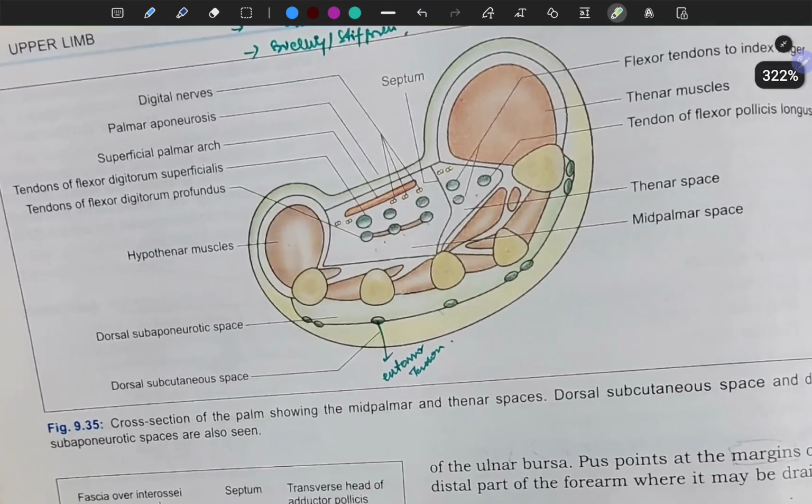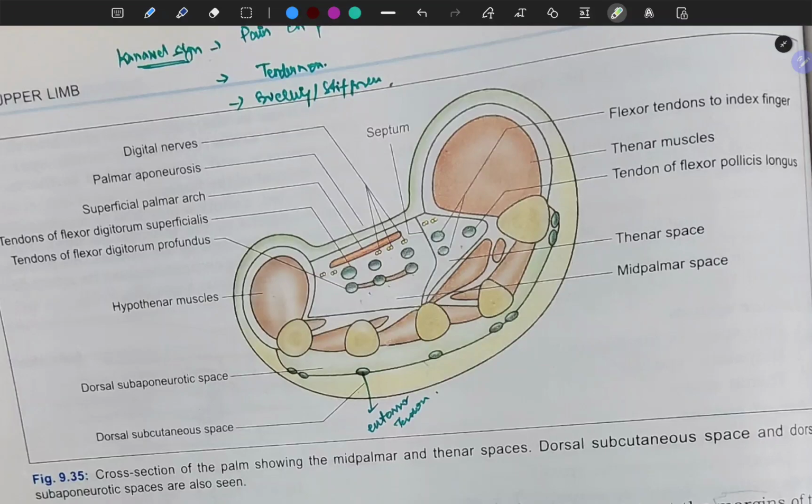I want you to know about this important anatomy, where you will be having the 5 metacarpals. From there you will be having thenar muscles, hypothenar muscles. In between the metacarpals you are having the interosseous group of muscles. From the third metacarpal there is a septum which arises, and there is a covering of hypothenar and thenar group of muscles.